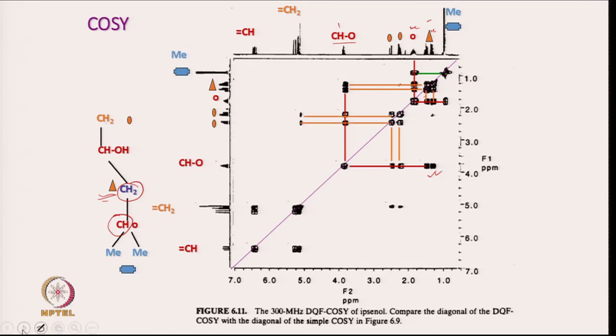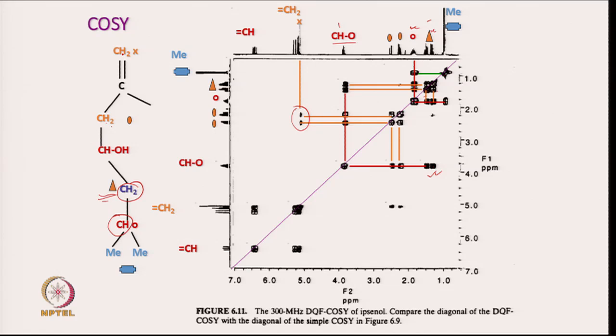Now, let us go to where these two protons are correlated. These two protons are correlated to this, and this is a very weak peak. If you go and see the structure, this is also related to the double bond CH2, so you can see this CH2 is correlated to the double bond CH2.